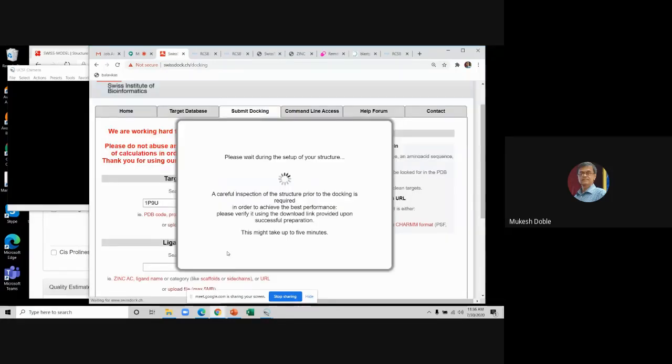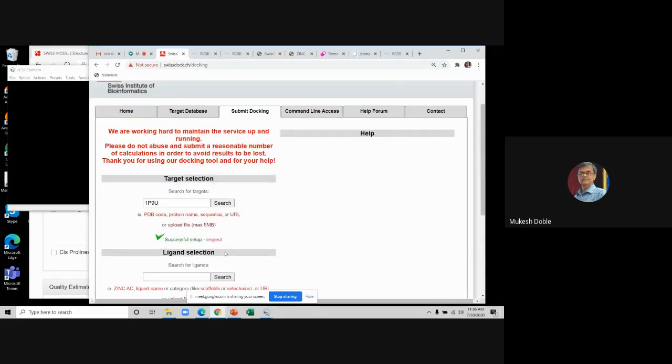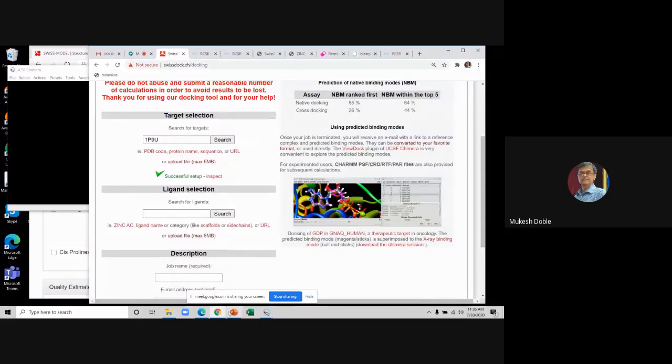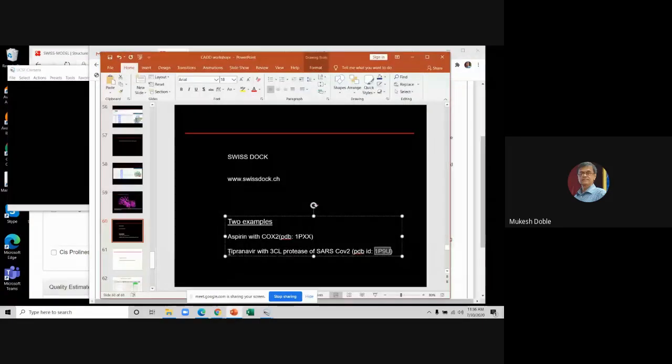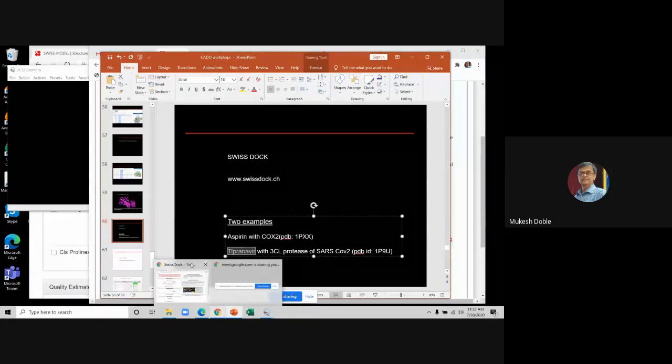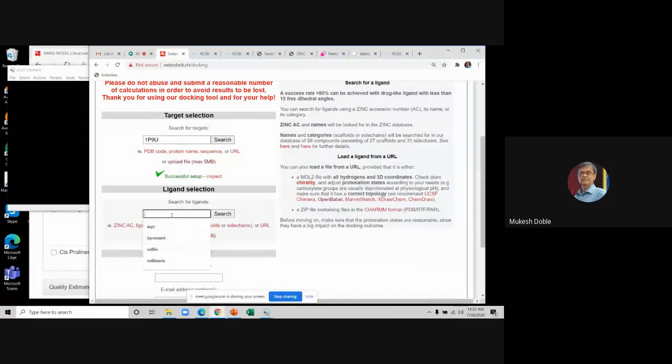Okay, so it's taking that, and then we will take tripanavir. This is an antiviral drug, reported for 3CL protease of SARS also, so I am taking that as my ligand.